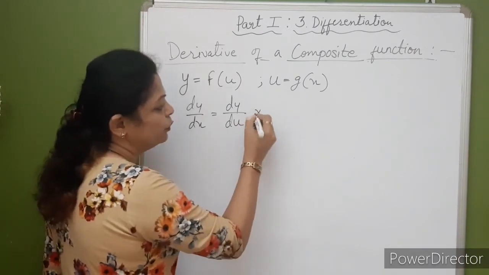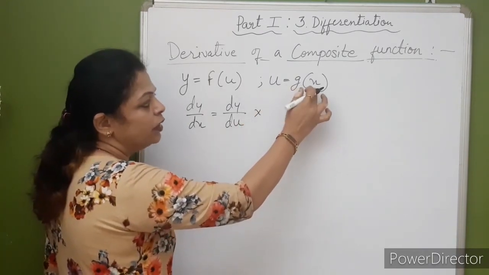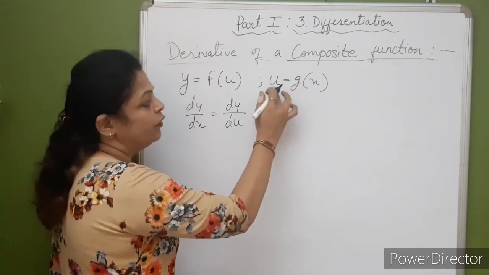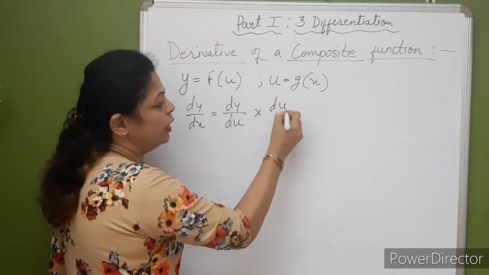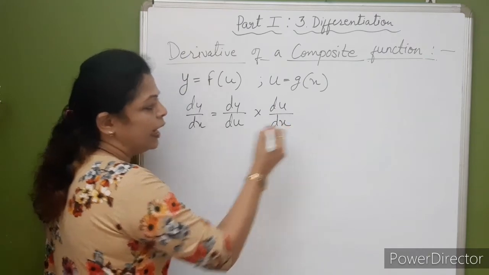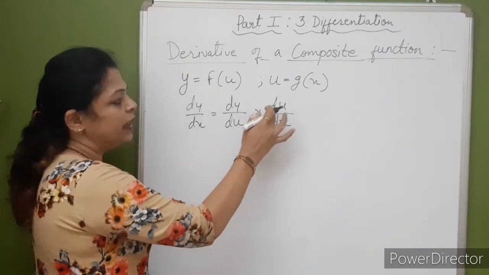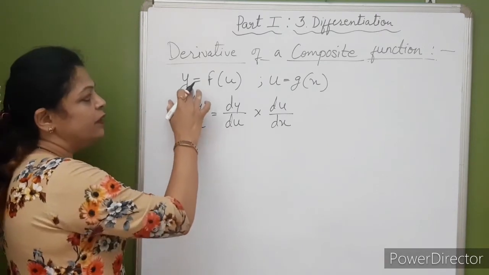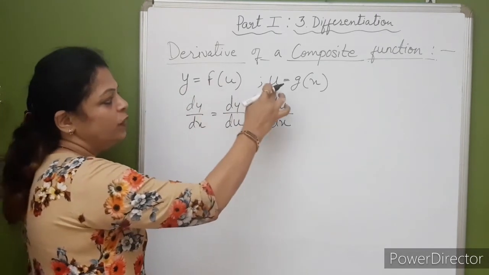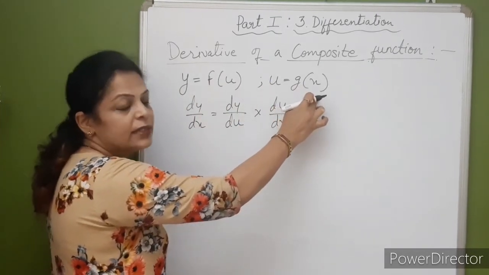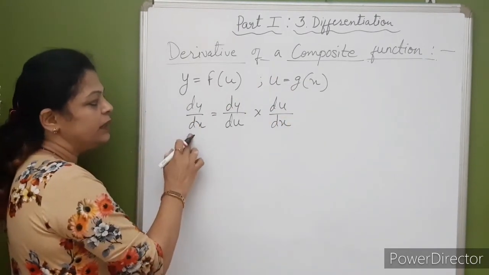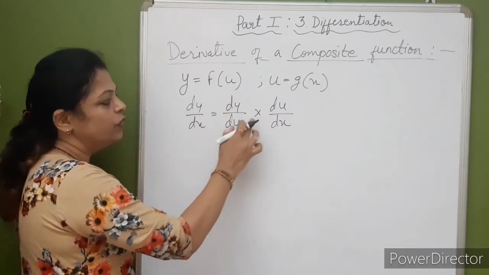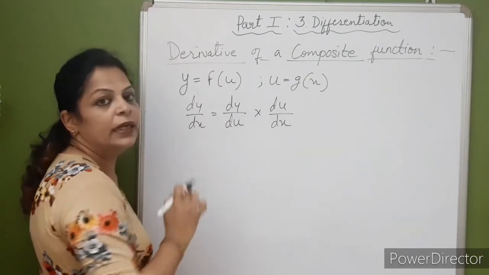Now into u is a function of x. So differentiating u with respect to x, that is written as du upon dx. So when y is a differentiable function of u and u is a differentiable function of x, then dy by dx is equal to dy by du into du by dx.